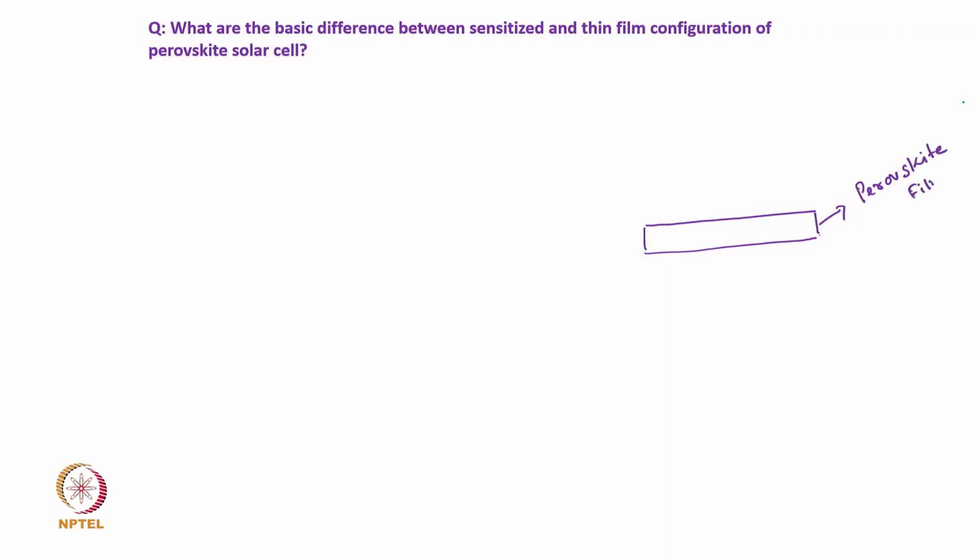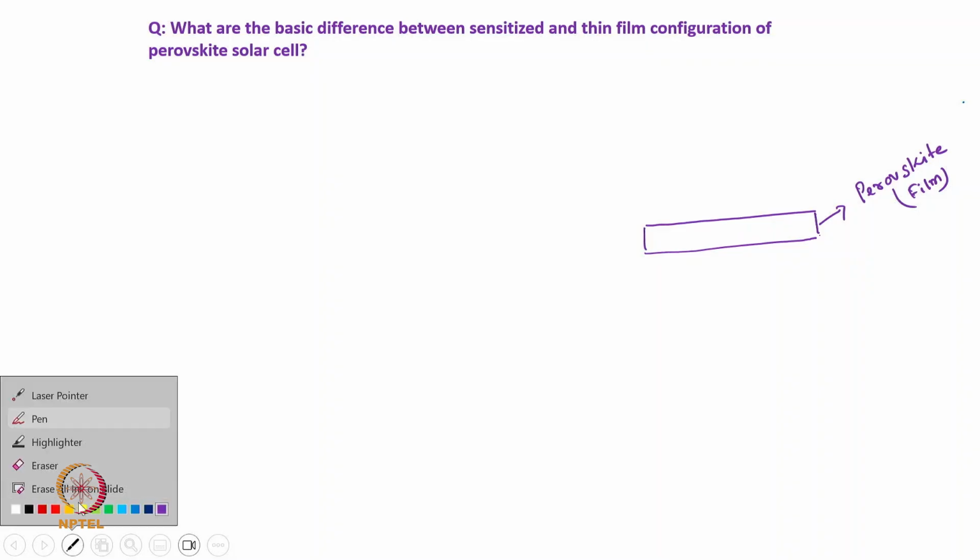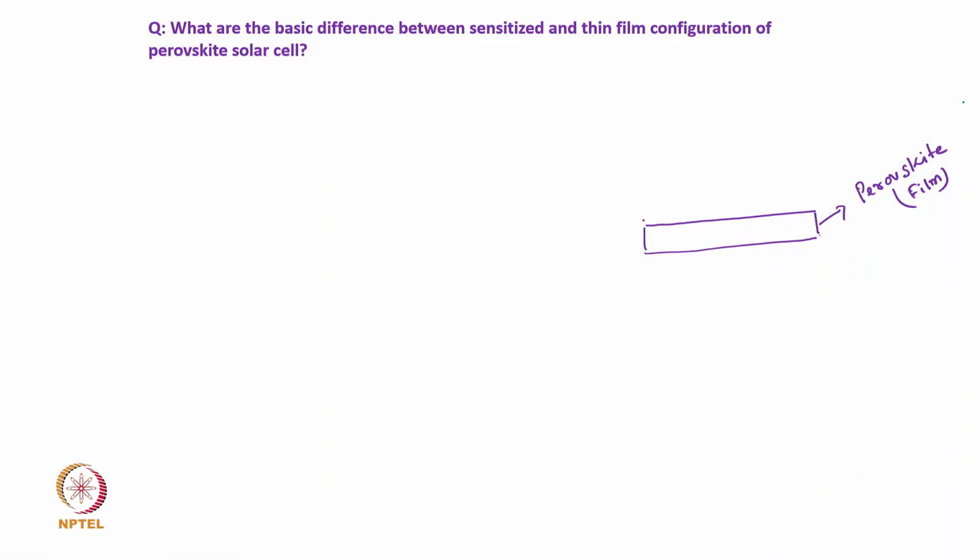Say a film, and this is the active medium for generation of charges, and then we have, similarly to what we had in the other case, a hole transport layer which is spiro-OMeTAD, and then a metal contact.